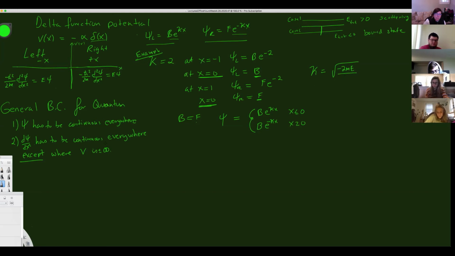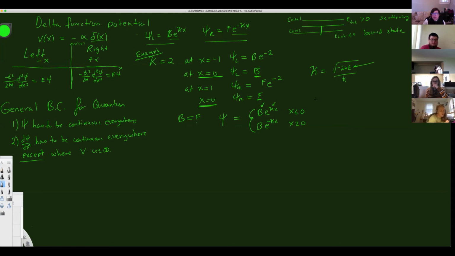So we don't know what E is, so it's kind of like we don't know what kappa is, really. So when we look at this equation which tells us what psi is, we don't know what B is, and we don't know what kappa is, okay?